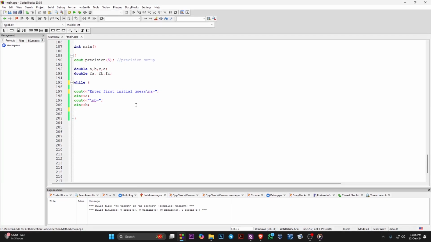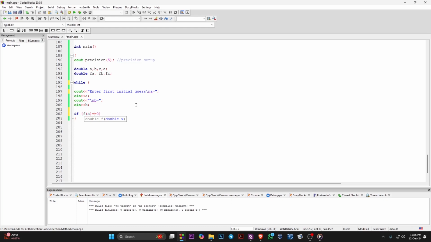Now I want to add something conditional here. If my guess is almost right, if I guess the right value, that is a, the function result would be 0.